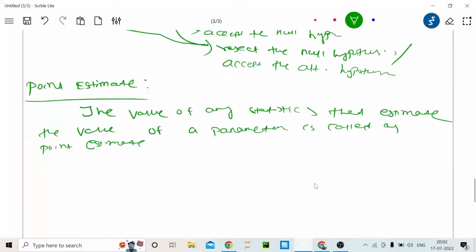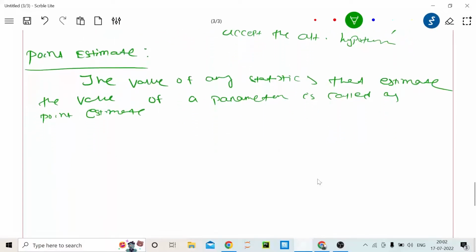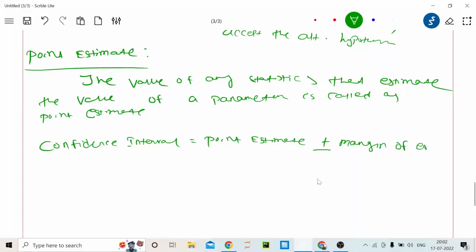The point estimator is nothing but something like the mean. Mean is equally the same as the point estimator. There is a formula for the confidence interval: confidence interval is nothing but point estimate plus minus margin of error.